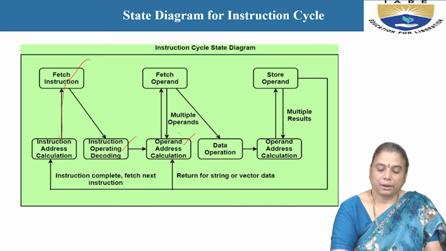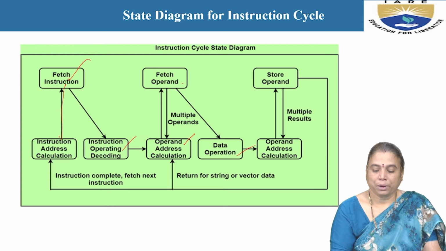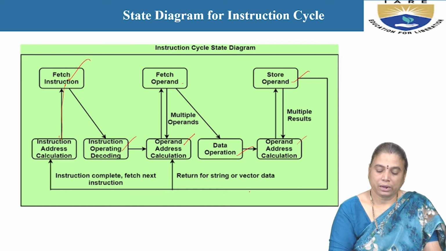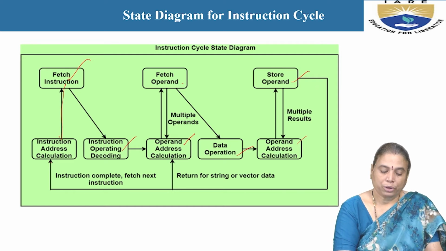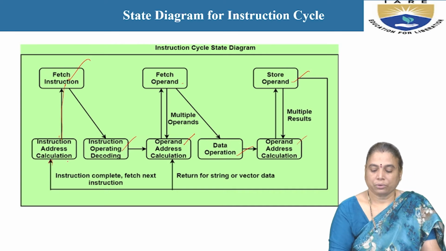With this address, the operand can be fetched. If there are multiple operands, more than one operand can be fetched. So the data operation can be performed. The operand address is calculated and the result value is stored. After execution is completed, storing the result is completed. Again going to the next instruction. In this way, the state diagram is used to represent the instruction cycle.